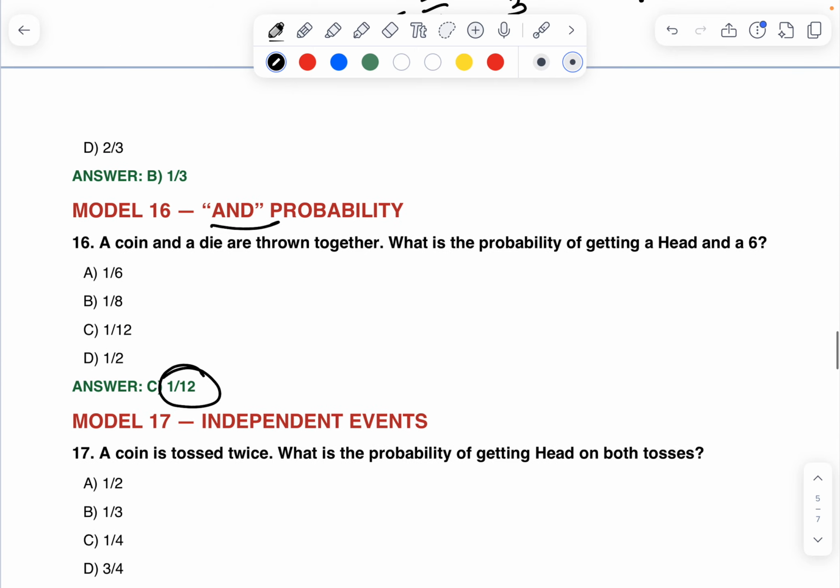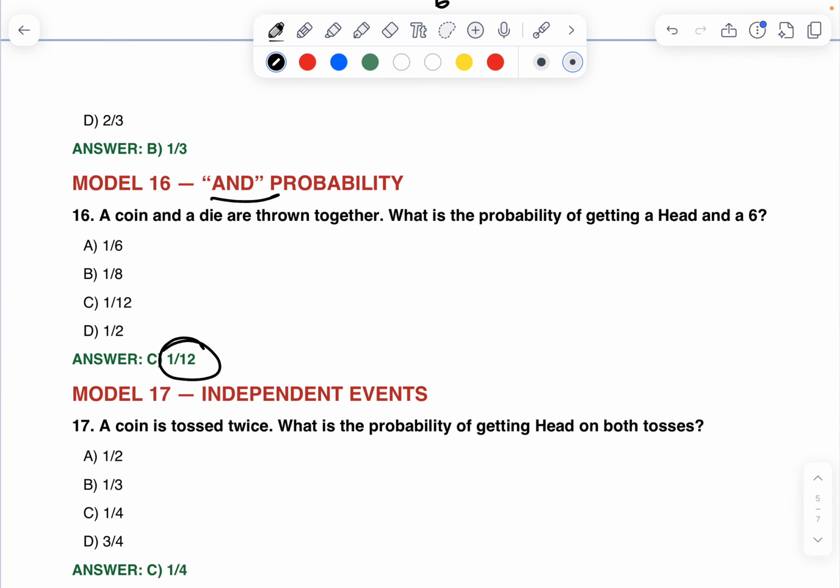Okay. Here, AND probability. AND means multiplication. A coin and a die are thrown together.